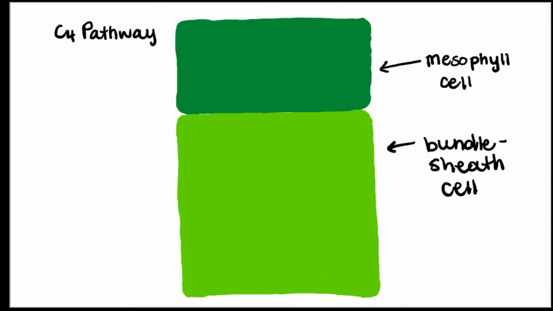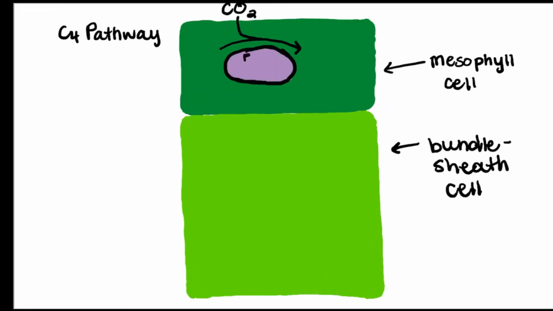In the first step of this pathway, CO2 from the stomata is fixed to a 3-carbon compound called phosphoenolpyruvate to produce a 4-carbon compound called oxaloacetate. An enzyme called PEP carboxylase catalyzes this reaction.